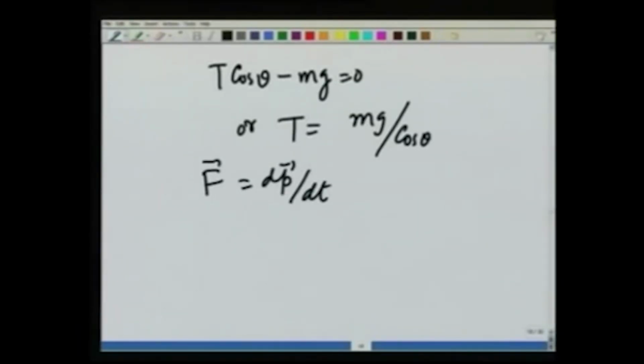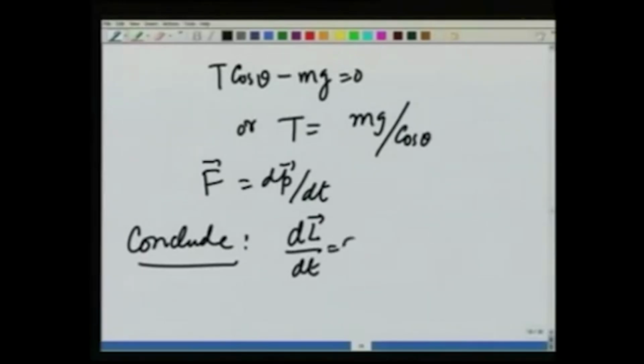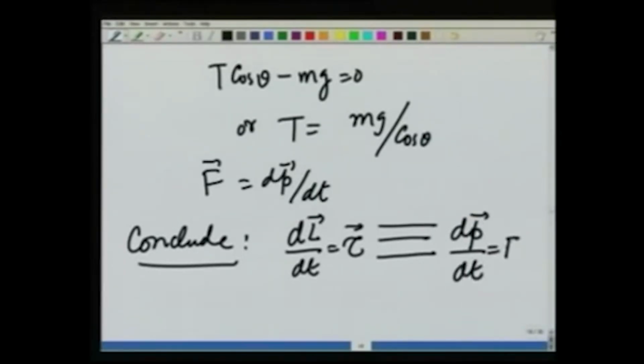So, what we conclude is that dL dt equal to tau is absolutely equivalent to dP dt equals F. The only subtlety is that in applying this, I may have to take torque and angular momentum about two different points.